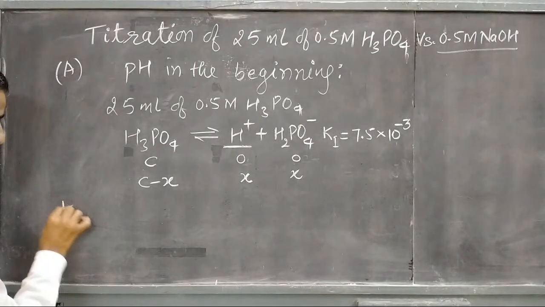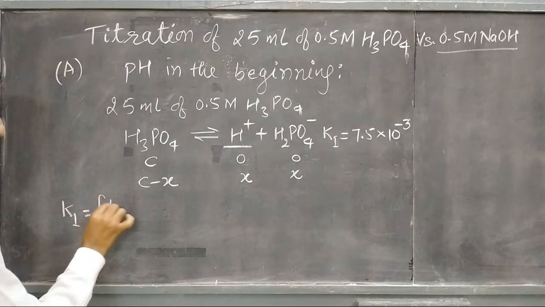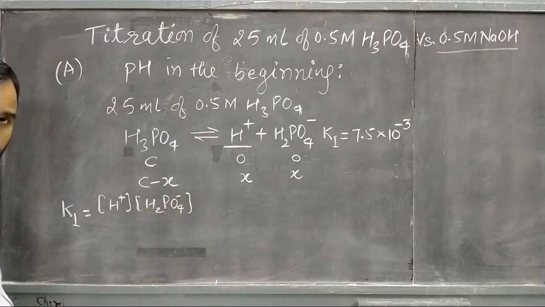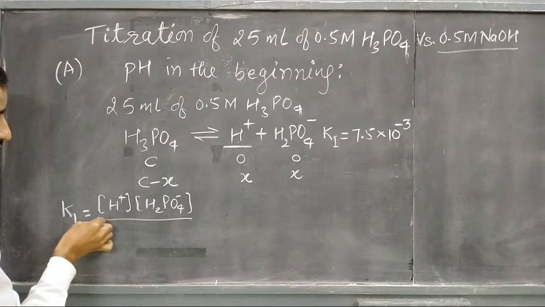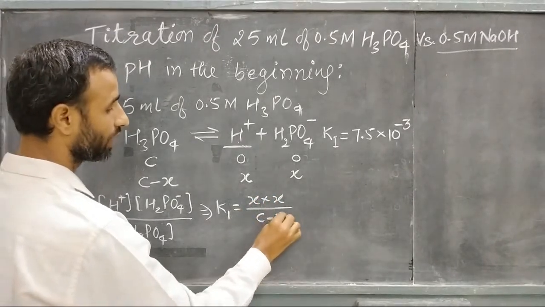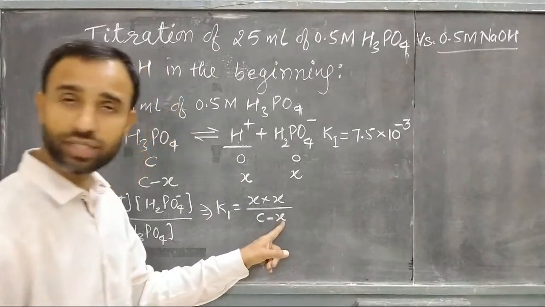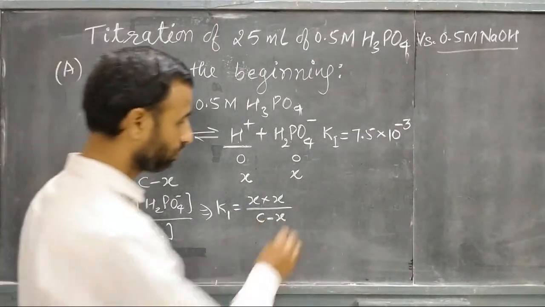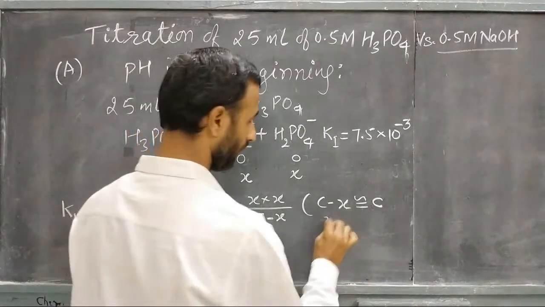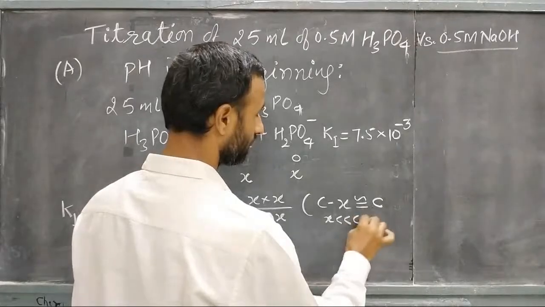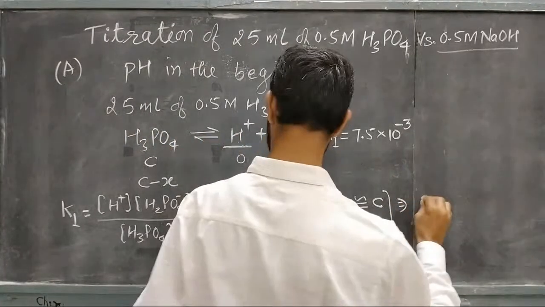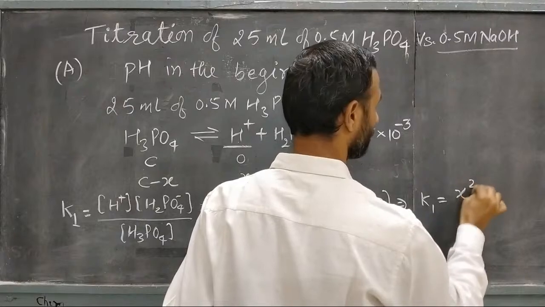So from here, K1 is equal to H plus ion concentration times H2PO4 negative ion concentration, product concentration divided by reactant concentration, equal to X into X divided by C minus X. X is very less as compared to C, so C minus X is very close to C. So K1 equals X square over C.